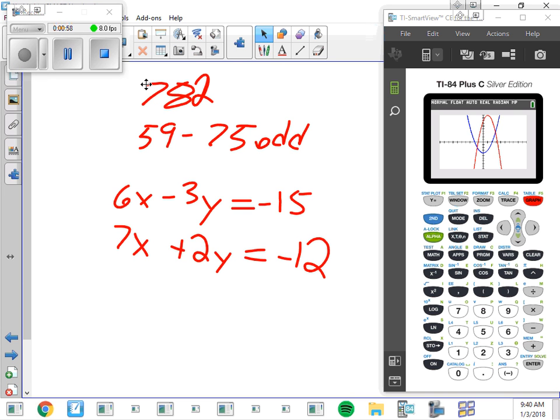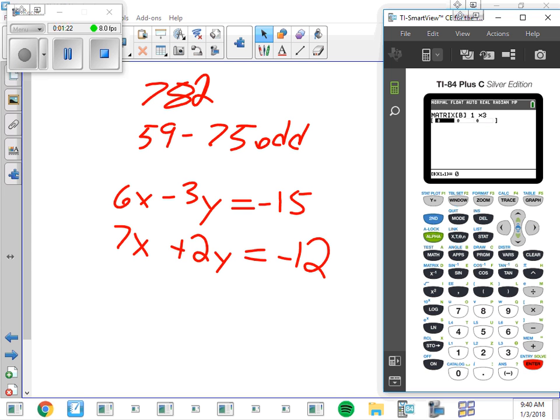If you want to use a matrix, your matrix button is right above the x to the negative 1 button. Wait, am I recording? I am. Good. Second matrix. And then we need to go over to edit. How big is this matrix? 2 by 3. So 2, enter, 3, enter.